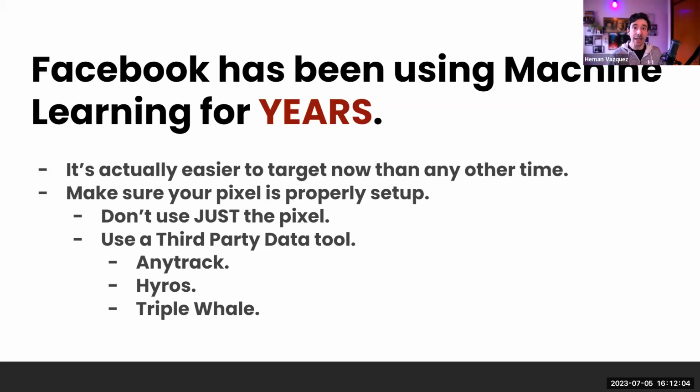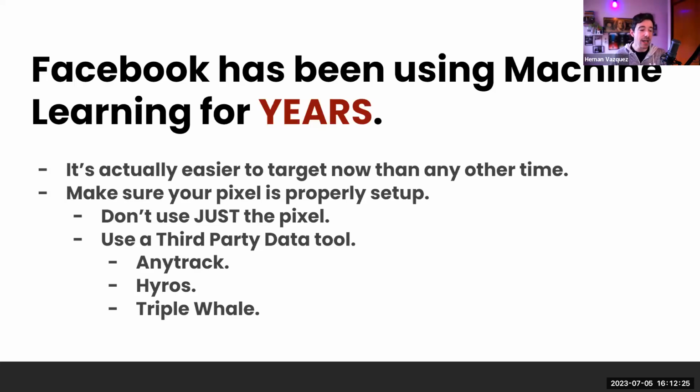And that was it. Right now, with iOS 14 and all of the data privacy thing that's happening, you don't just want to use the pixel. You must use a third-party tracking tool. All right. My personal preference is AnyTrack, and I'm going to show you guys why.